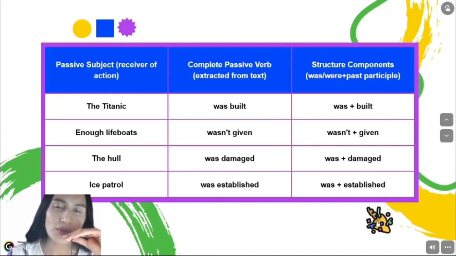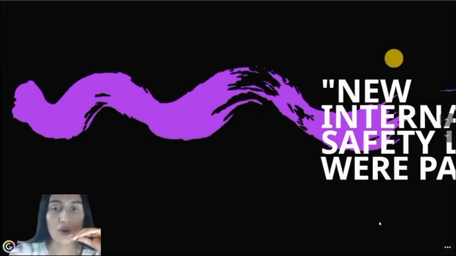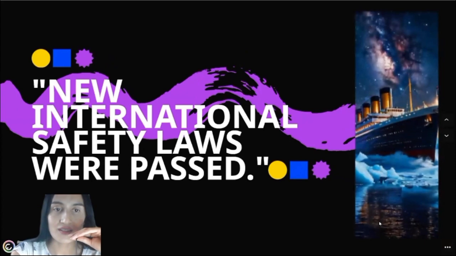And why do we use it? We use it here. Perfect, John. Yes. That's the function of passive voice in historical texts. It highlights events and consequences. So, according to the text, new international safety laws were passed.